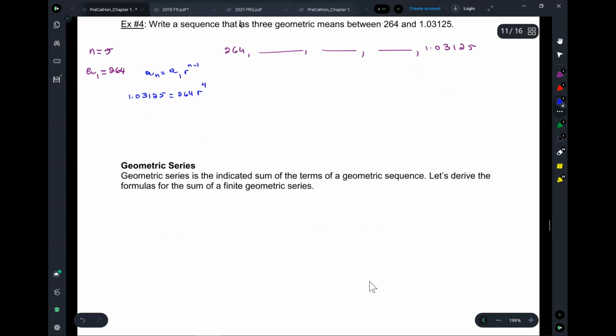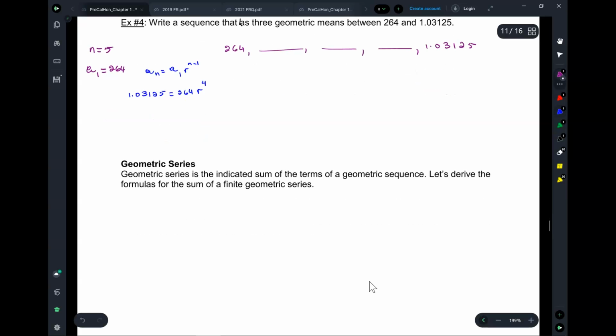So let's divide by 264. 1.03125 over 264 is r to the 4. To get rid of the 4, we're going to raise everything to the power of 1/4. So r, wouldn't you know it, is just 0.25. It's a quarter.